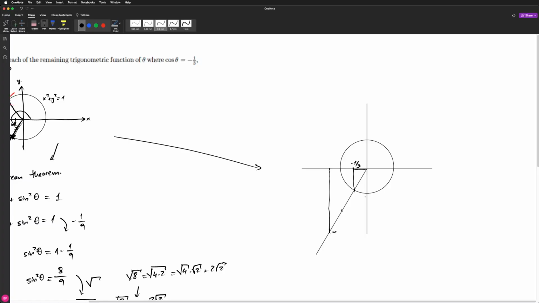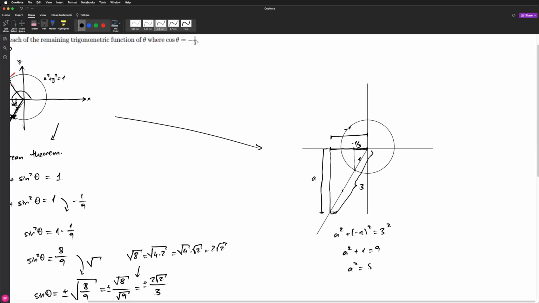So this side becomes 3 units instead of 1. Then this side will become negative 1. And then this side, again, I can use the Pythagorean theorem. So a squared plus negative 1 squared is 3 squared. So a squared plus 1 equals 9. A squared is 8. A is plus or minus 2 root 2.